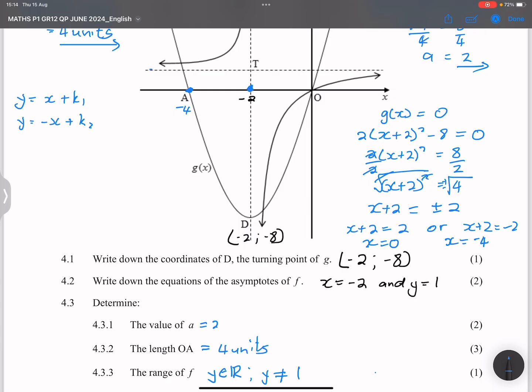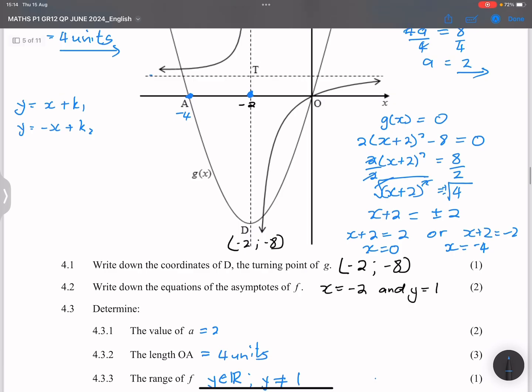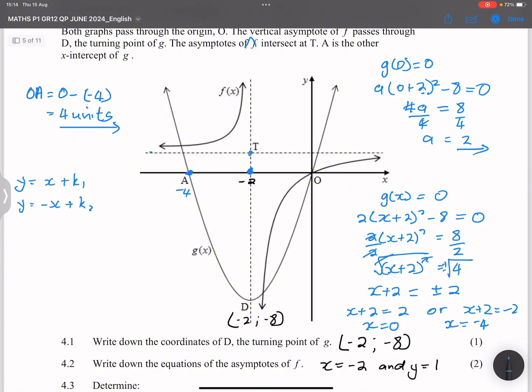Now to get k1 and k2 respectively, you need to substitute. Remember, those axes of symmetry pass through the intersection of your asymptotes. So that means this is the point where x is negative 2 and y is 1. But remember, they said with a negative gradient, so we're going to stick with this one, right?